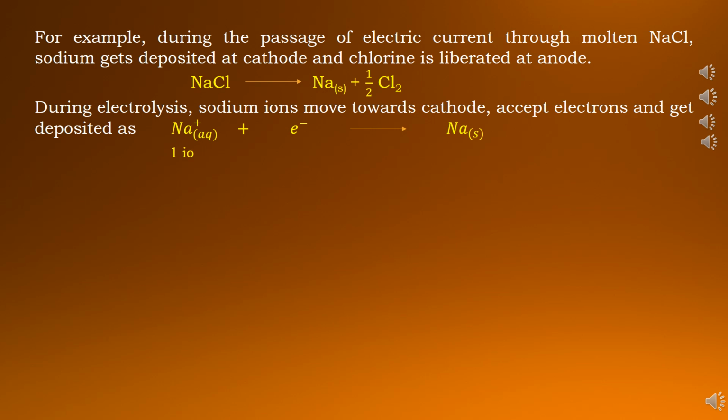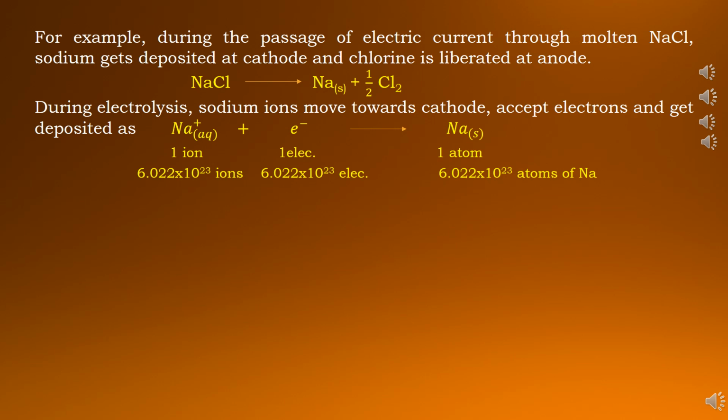Here, one sodium ion by gaining one electron changes to one atom of sodium. And we can say Avogadro number of sodium ions, by gaining Avogadro number of electrons, change into Avogadro number of atoms of sodium.